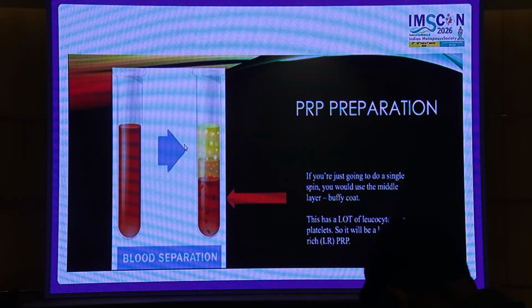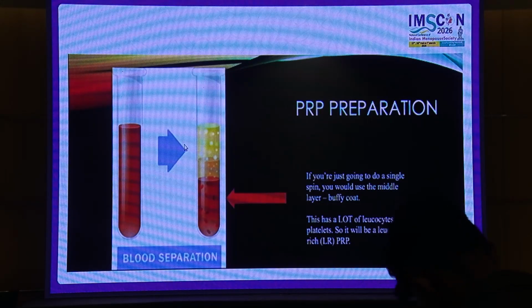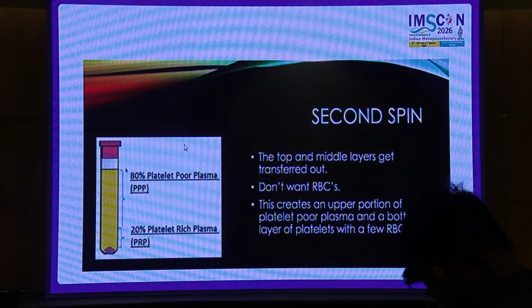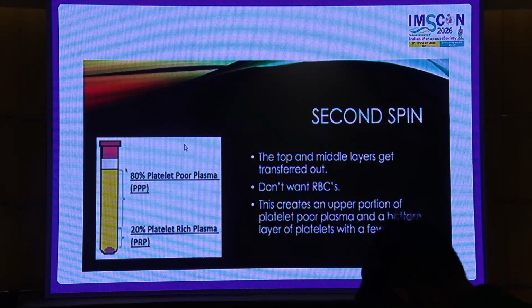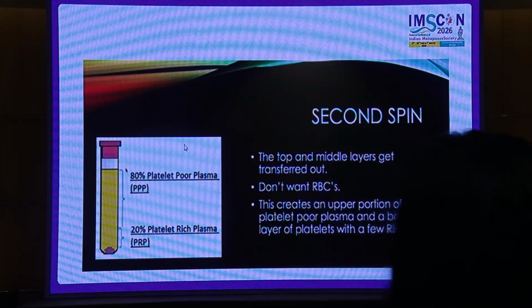If you are doing the single spin, you will use the middle one, the buffy layer. The lower one, marked by the red, is discarded. In the second spin, the upper portion is platelet-poor plasma, so we have to remove the upper portion and use the lower portion.